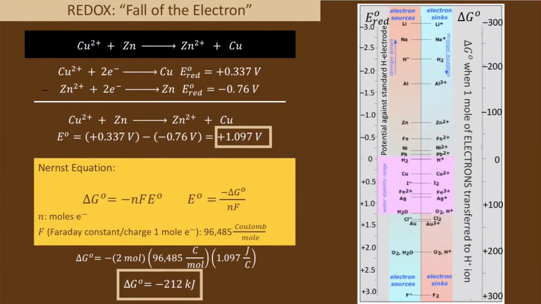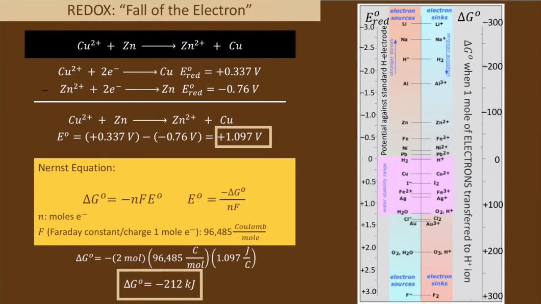96,485 coulombs per mole. Let's remember that one definition of our Gibbs free energy is the amount of non-pressure volume expansion work, such as electrical work, that can be done. So the Nernst equation calculates this work and changes it to voltage, which is often easier to work with when using electrical equipment.